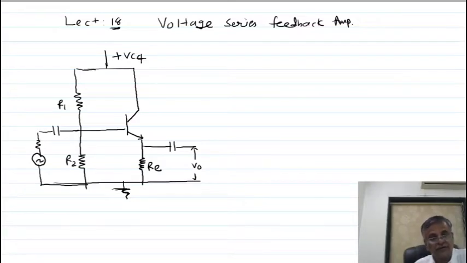The common collector amplifier circuit is an example of a voltage series feedback amplifier. You are taking the output voltage from the emitter lead.